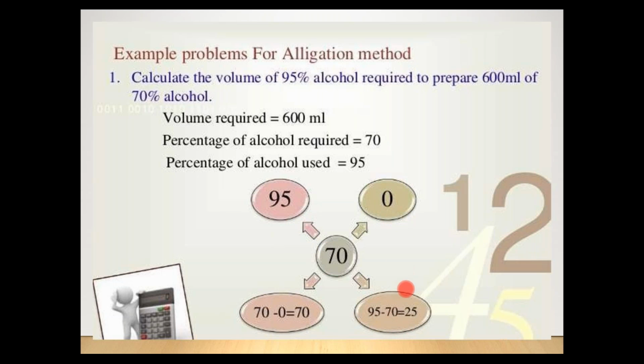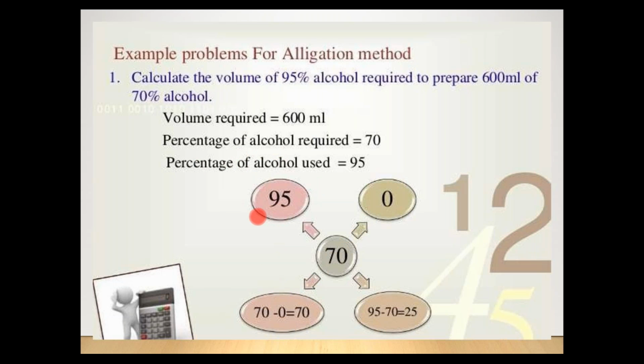For example, in this case, if it was an alcohol of another strength, if it was 0 instead of water, some other weaker strength is there, how would you take that? So here you would write, this side you would write 95 cross. You have to calculate 95 minus 70 is equal to 25, which will in fact give the weaker strength's part. And here 70 minus 0 will give the stronger strength part.